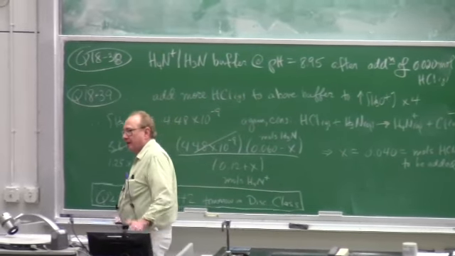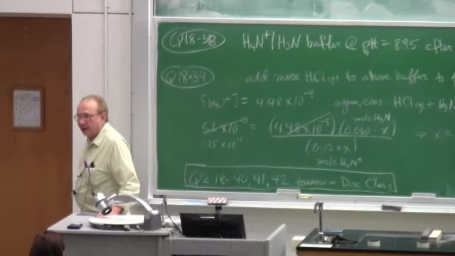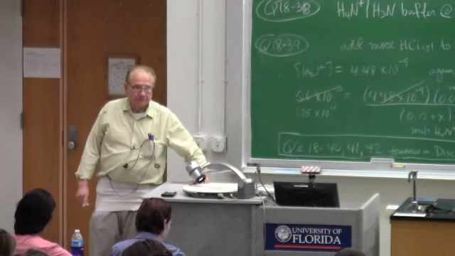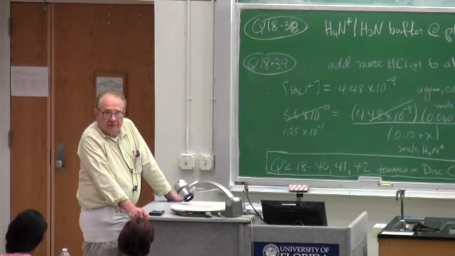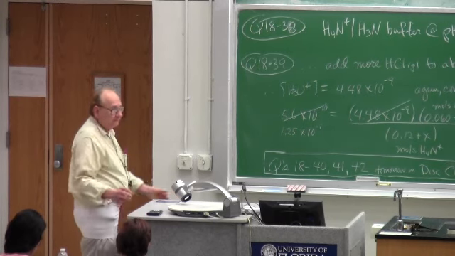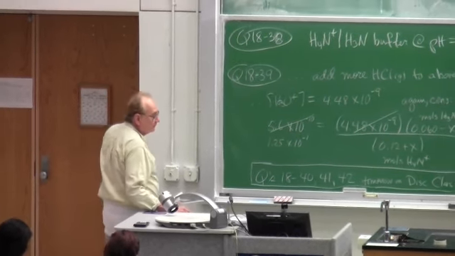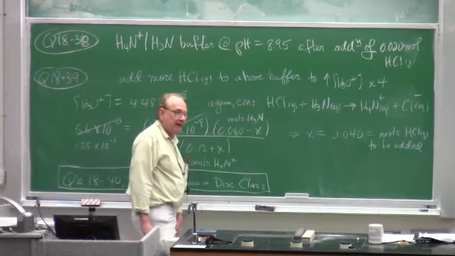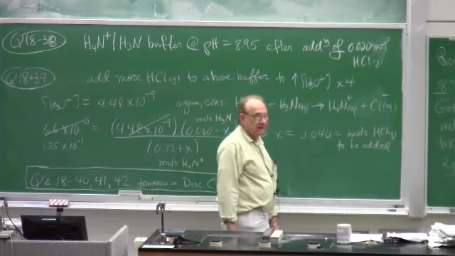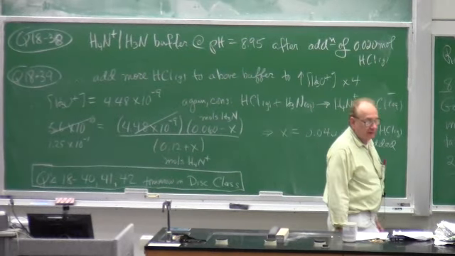1838. We considered taking an ammonium ion ammonia buffer, which if you recall from the original QPSI contained 0.10 moles of ammonium ion and 0.08 moles of ammonia.